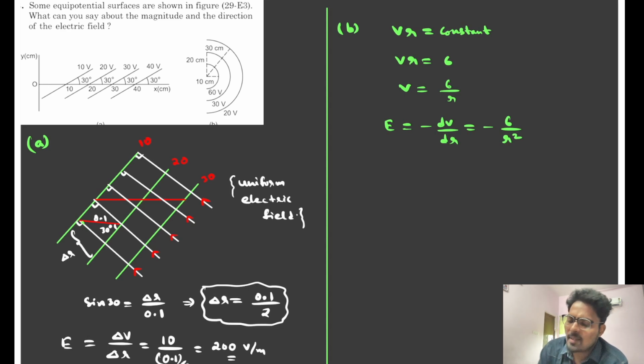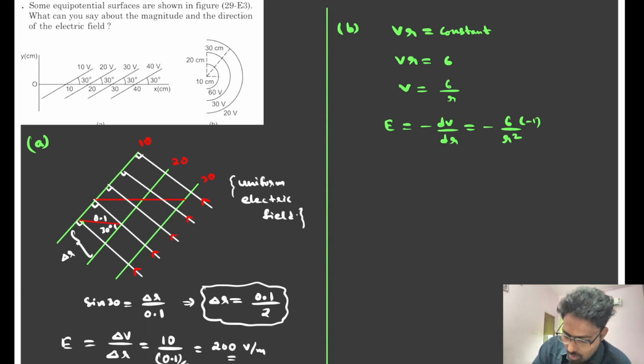Here the minus indicates that the field will be in the direction of field only. If I ask you for the magnitude of electric field, it is simply positive. The dV sign would be negative, because if I go in the r bar direction, in the direction of electric field, the change delta V would be negative.